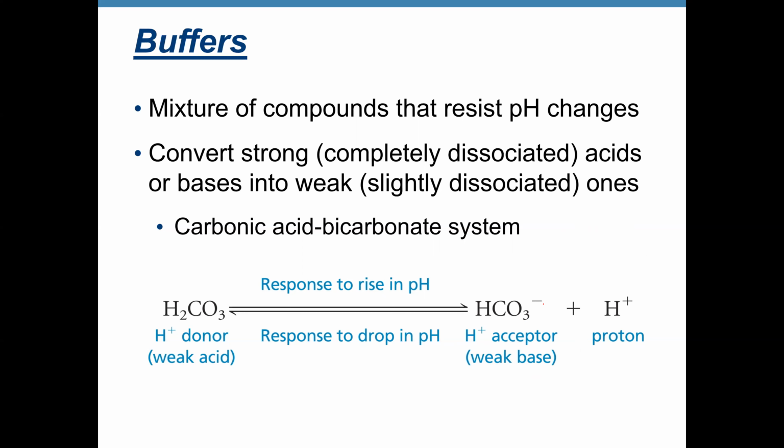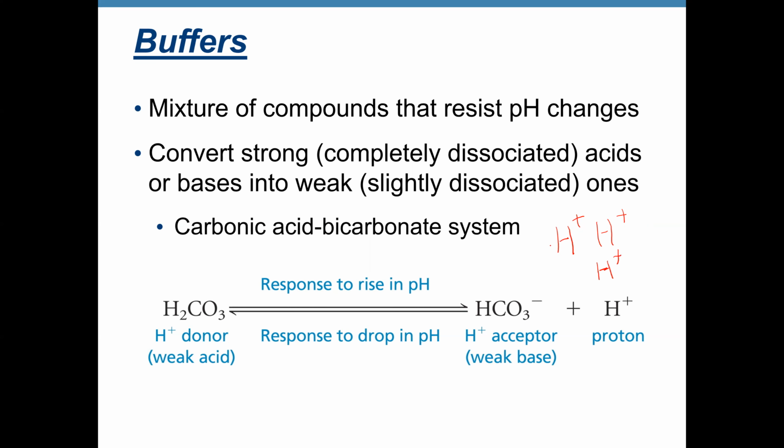So, for example, if you have increased acidity of your blood plasma, that means you start having lots of hydrogen ions, right? So your acidity goes up. Now you have a lot of these hydrogen ions. That's not good because that can kill your cells.